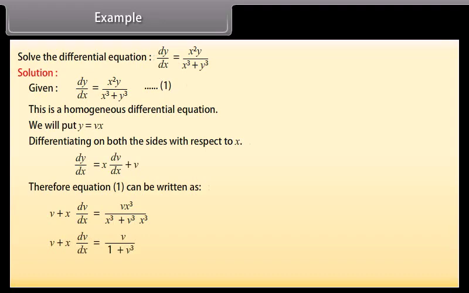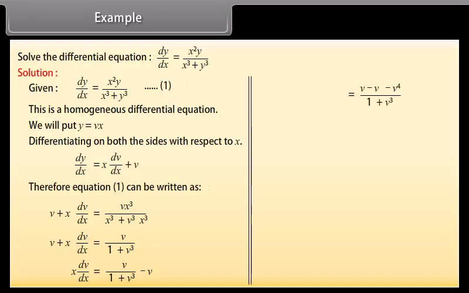V plus x into dv by dx equals v upon (1 plus v cube). X dv by dx equals v upon (1 plus v cube) minus v, equals (v minus v raised to the power 4) upon (1 plus v cube).